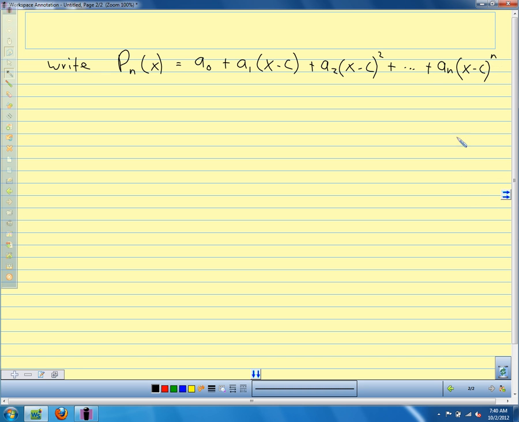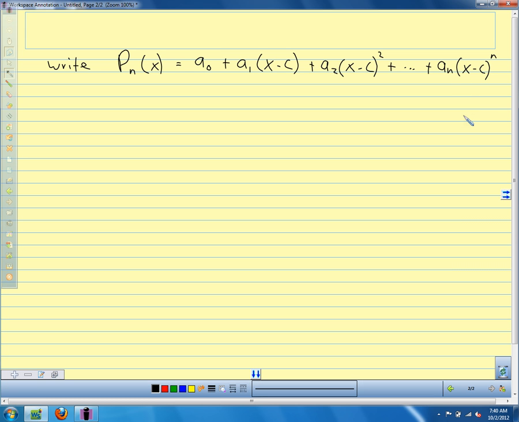So this is our nth polynomial. We have our highest power here is n. So this is our nth polynomial. And we're going to determine our a0, a1, a2, etc. So we're going to determine these based on our requirements.